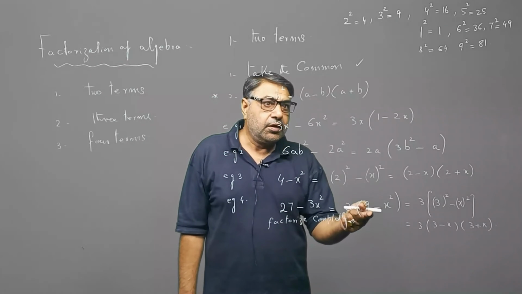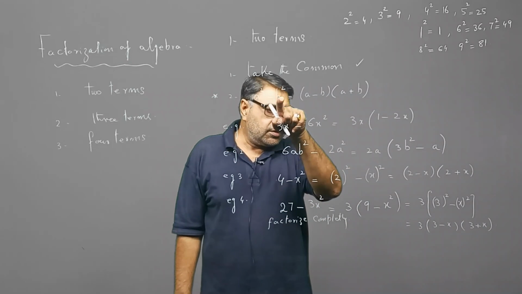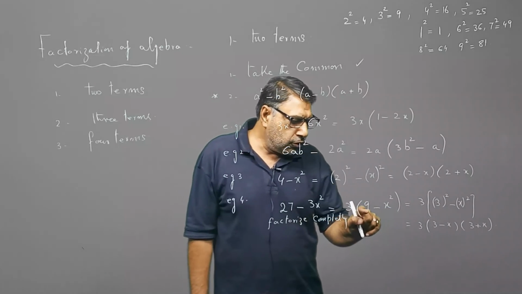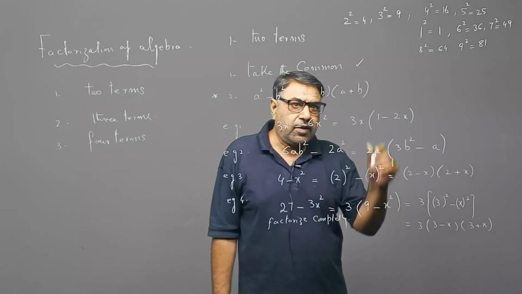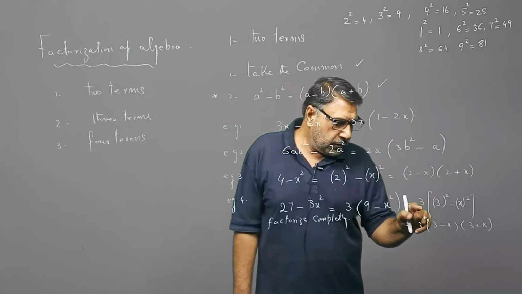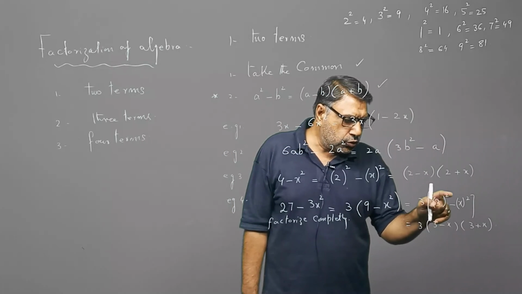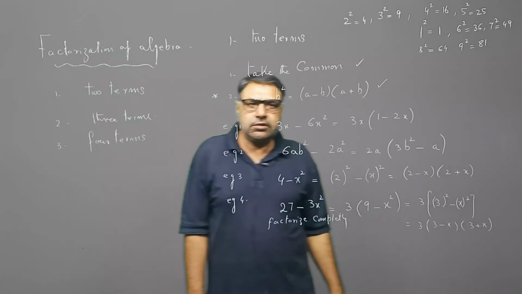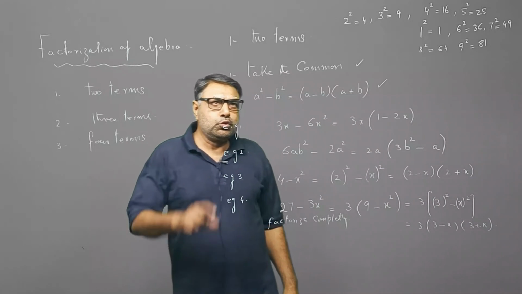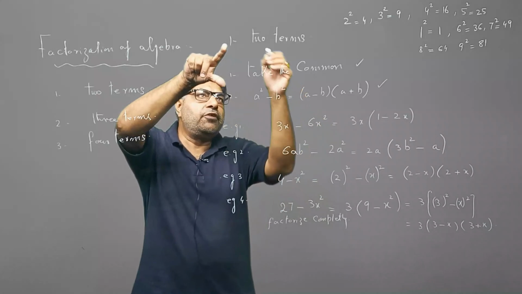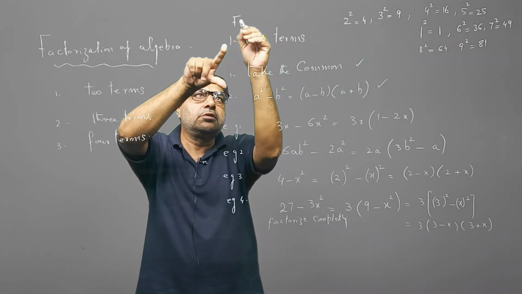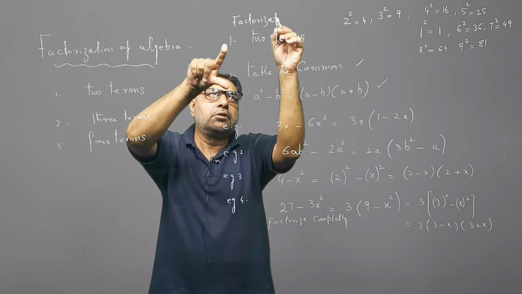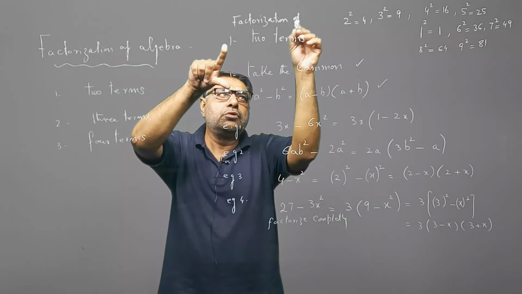Then, if you have two square terms with minus between them, apply this identity. 3 common, 3 squared minus x squared, 3 minus x and 3 plus x. So please learn these two steps when you have factorization of two terms.